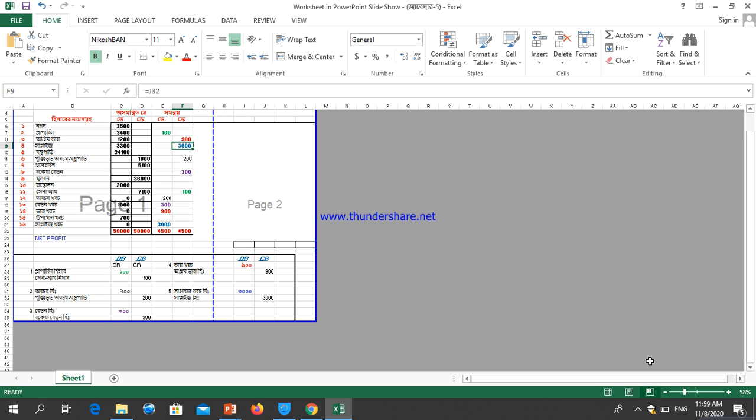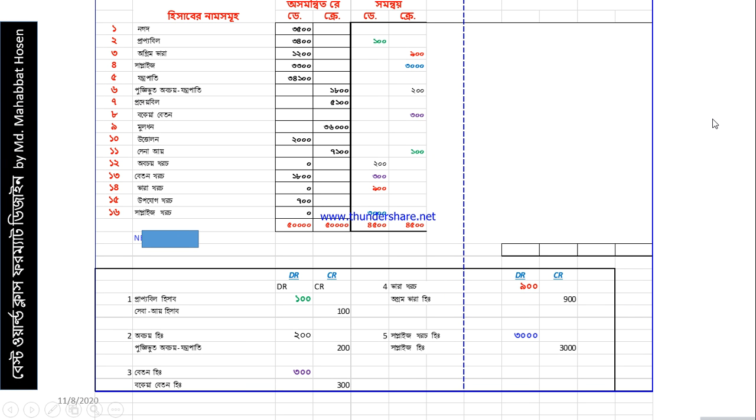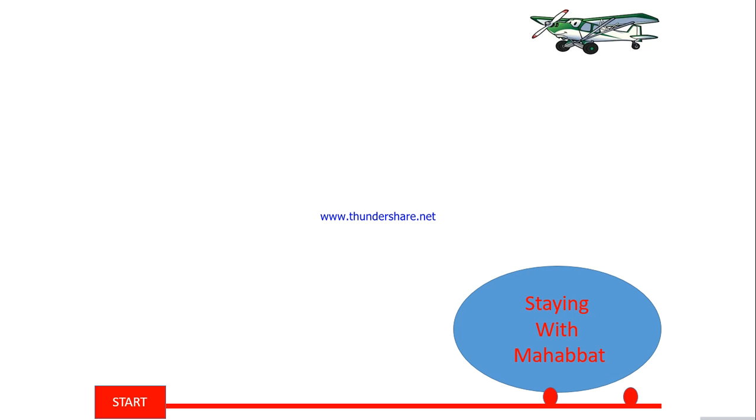So adjusting entries are so important, it is not possible to explain in a nutshell at the same time. Dear learners, I hope you understand very clearly what I have discussed in front of you. I am expecting that you will try your level best at home and practice again and again on the text, and you will realize all the things.